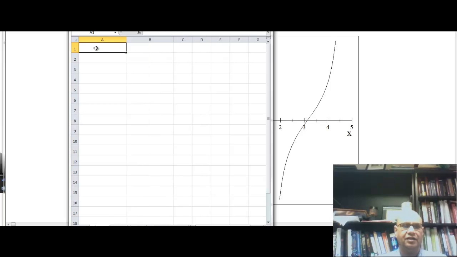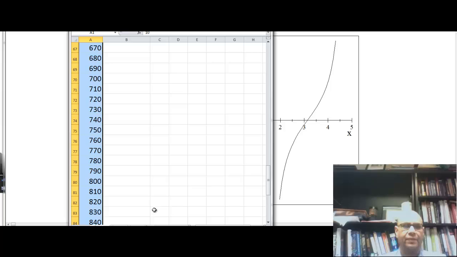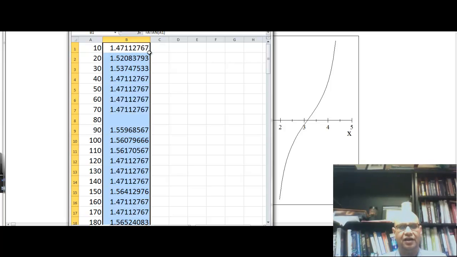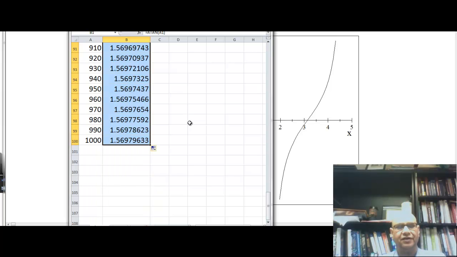Let's go 10, 20, and take the arctangent of this guy here, and that stabilizes near pi over 2, doesn't it, right?